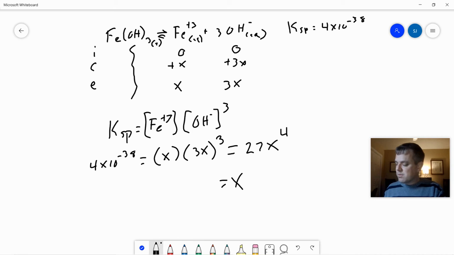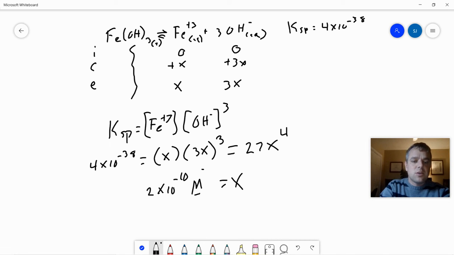And the answer I'm coming up with is essentially 2 times 10 to the negative 10th. So the molar solubility of iron(III) hydroxide is 2 times 10 to the negative 10th molarity. That is the molar solubility.